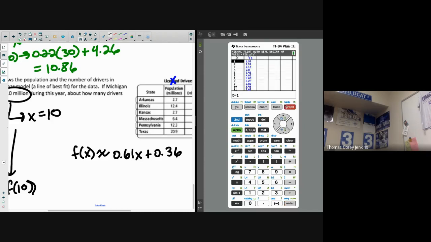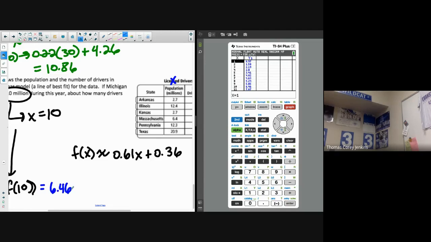All right, so there's my table of values. 1 goes to 0.97. 6 goes to 4.02. Remember, we're trying to find f of 10. All right, so I can just look at my table and see that 10 goes to 6.46.